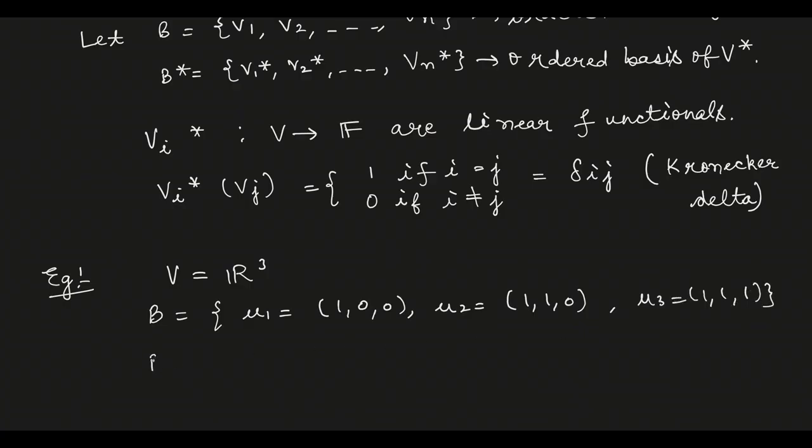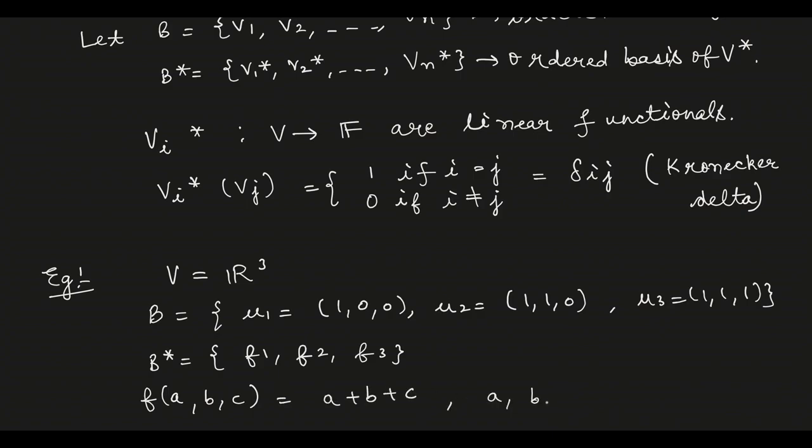And B star, the basis of dual space, is defined as f1, f2, f3. And linear functional is defined as f of (a, b, c) is equal to a plus b plus c, where a, b, c belongs to R cube.